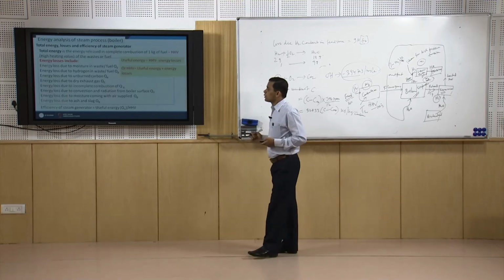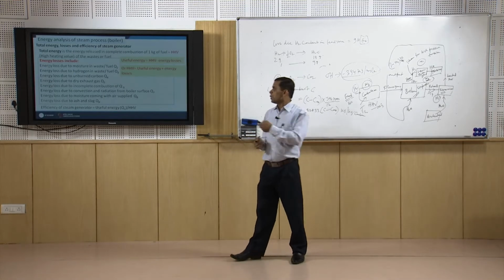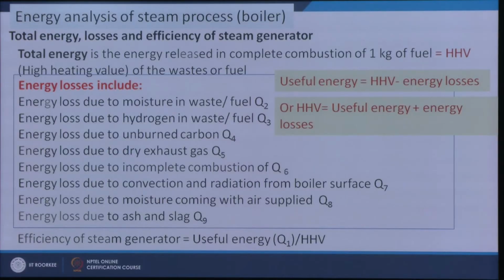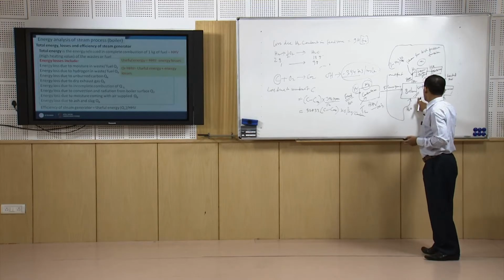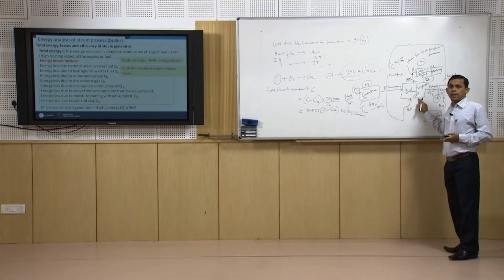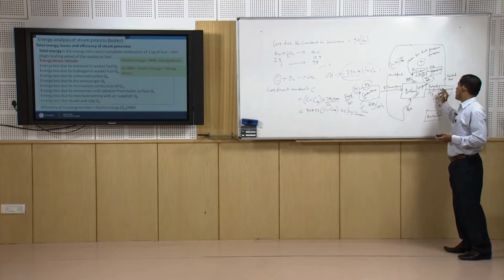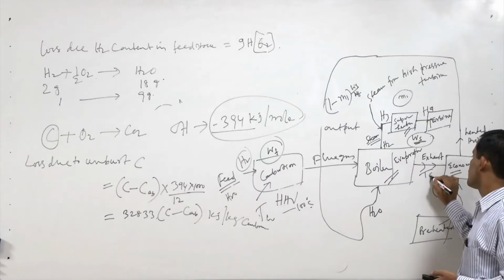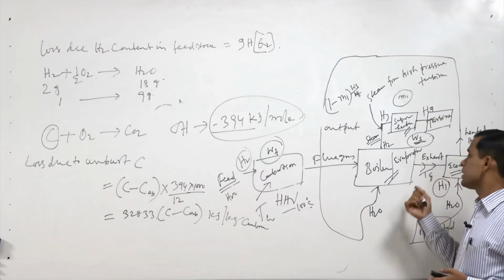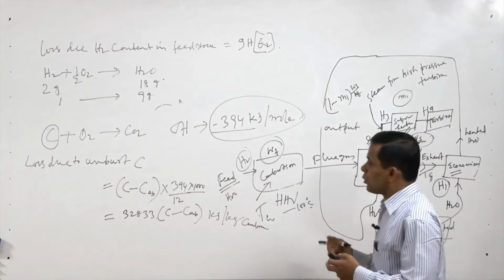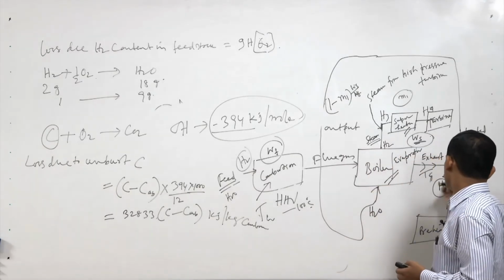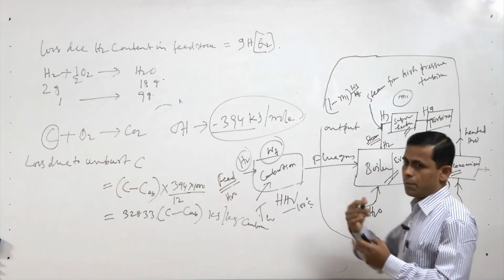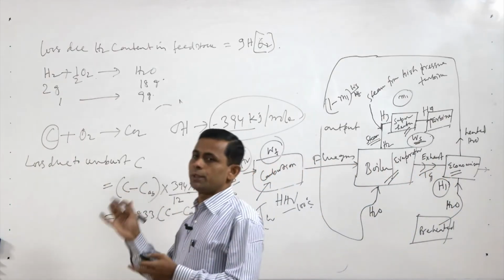Next, another loss we may have is the energy loss due to dry exhaust gas. Dry exhaust gas means after this steam generation, the exhaust from the boiler or evaporator will also have some heating value, as it is at that Tg. If we do not use any other heat recovery unit, that is going to be lost.